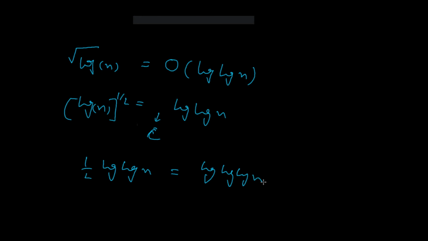Take the value as a power of 2 so that it will be easy, because the log is in base 2. So take n equal to 2 to the power 10.